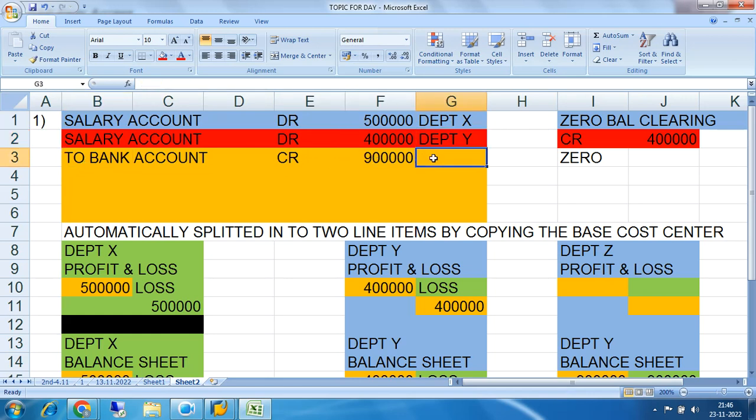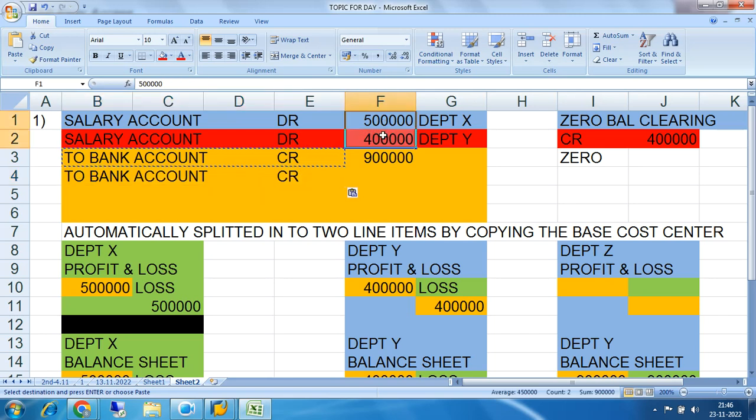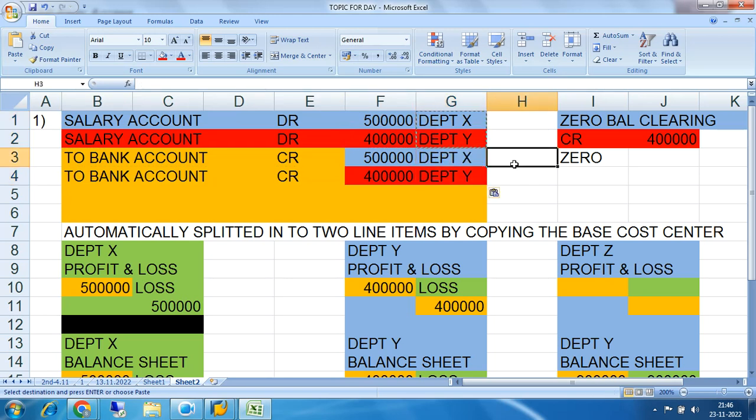For the bank account I don't have to use any cost center or profit center. The user saves and forgets. But this 9 lakhs is split into two parts. This 9 will be automatically split into two parts in the background of the SAP system.